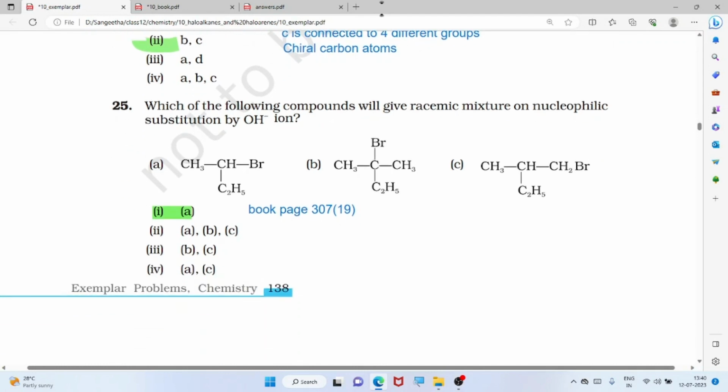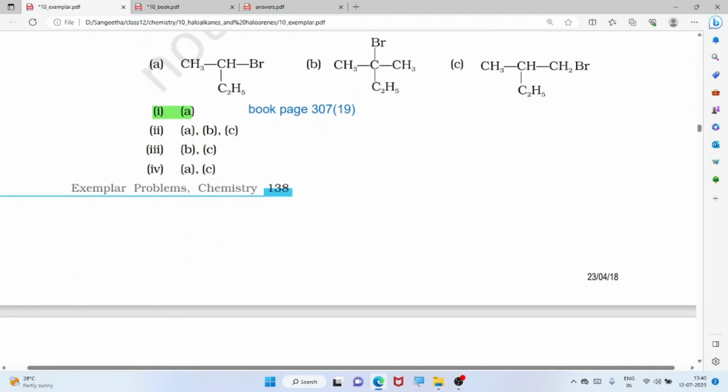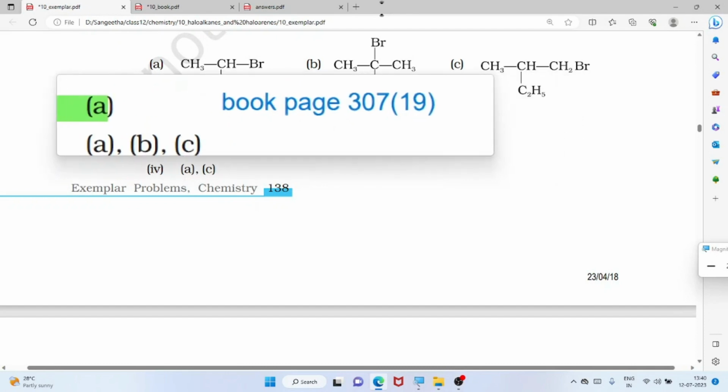Which of the following compounds give racemic products in nucleophilic substitution by OH ion? So this one, A. Page 19.